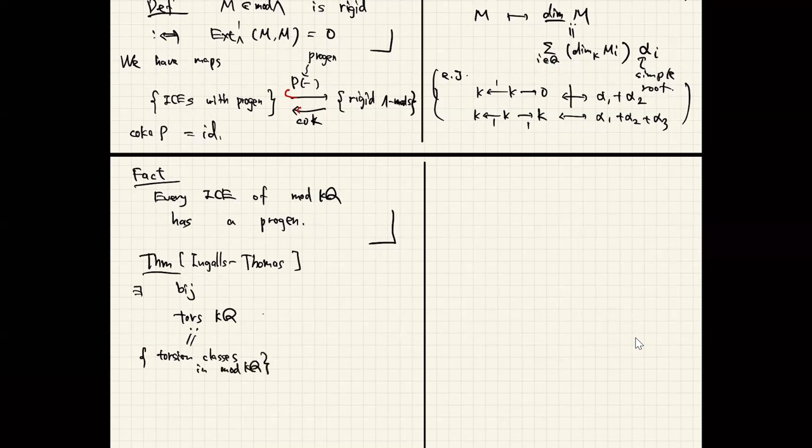And what they call support tilting KQ modules. And the map is just the same as this map.